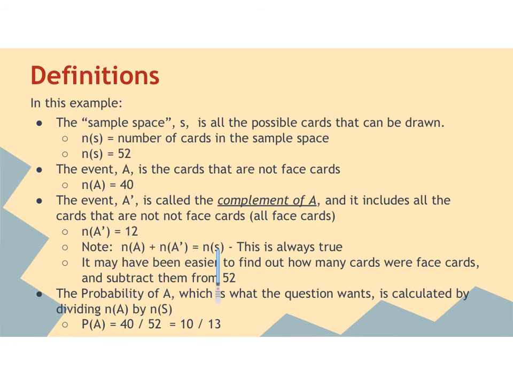These two things add up to N of S. That's always true. Notice it might have been easier to figure out how many face cards there were rather than how many number cards, and that's why the question was given that way. The probability of A, which is what we want, is 40 out of 52, reduced to 10 out of 13 as a fraction. You can also put it as a percentage.